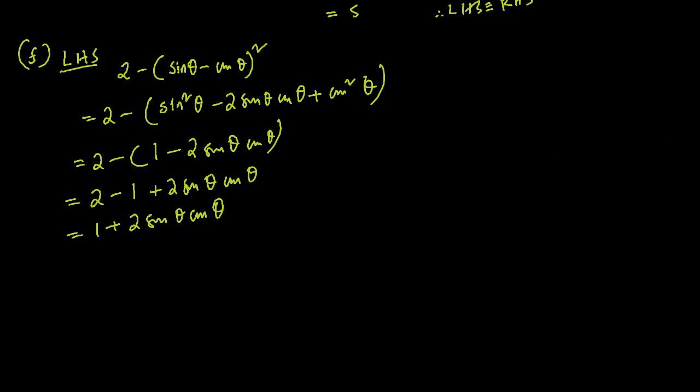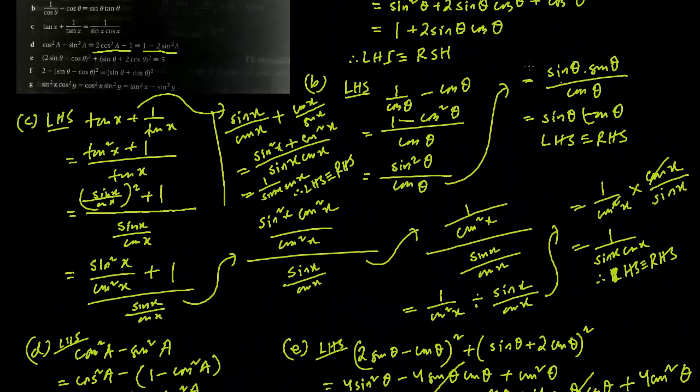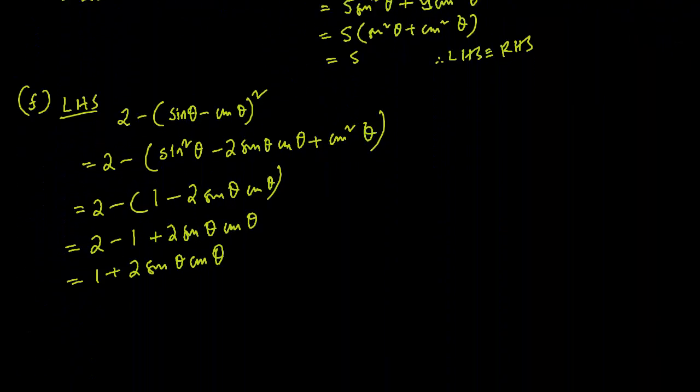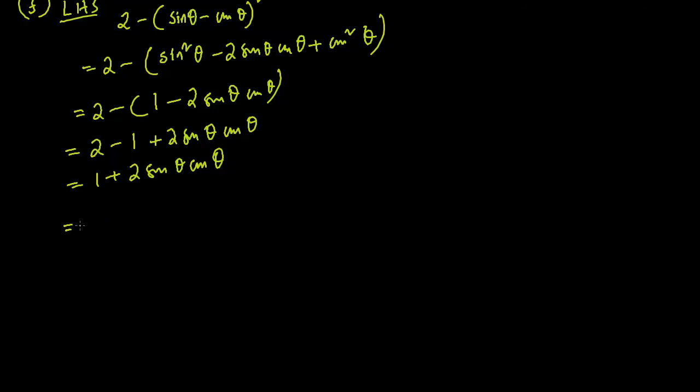So let's check what we have to prove. So we have to prove sine theta plus cos theta whole squared. Now instead of 1, we can write sine squared theta plus cos squared theta, and we already have 2 sine theta cos theta.